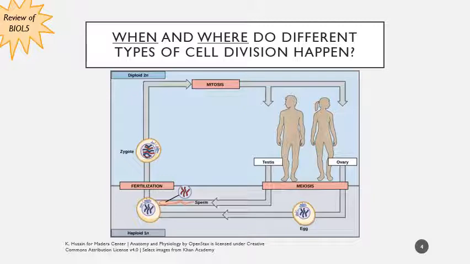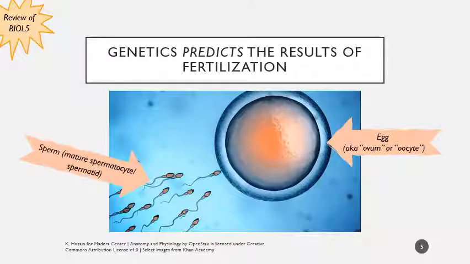So when we go through this process of genetics, we're predicting the likelihood that a certain copy of a gene, or specifically a form of a gene called an allele, might end up in the egg or in the sperm. So to summarize that, genetics fundamentally is a tool to predict the result of fertilization. We don't know what copy of a gene is ending up in an egg that's being produced.